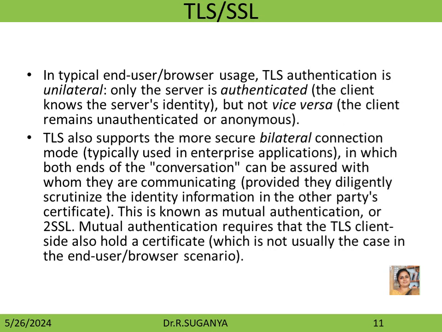They also support a more secure bilateral connection mode in which both ends of the conversation can be assured of whom they are communicating with. This is known as mutual authentication, which requires a TLS client side that also holds a certificate, which is not usually the case for an end user or browser.